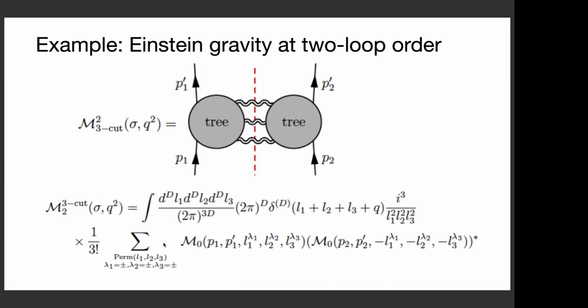We have to consider all the permutations, so all the crossings of the various gravitons in the cut, and there's a symmetry factor as well. And then we have to carry out the integration of L1, L2, and L3 in order to have the cut expression.